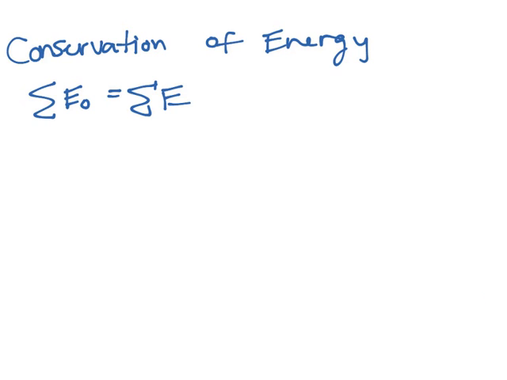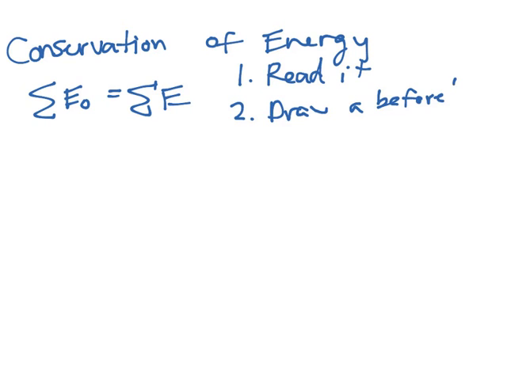Alright, so next is conservation of energy. When you're solving a conservation of energy problem, first, read it. 2, draw a before and after picture. And then 3, write out your types of energies for before and after.